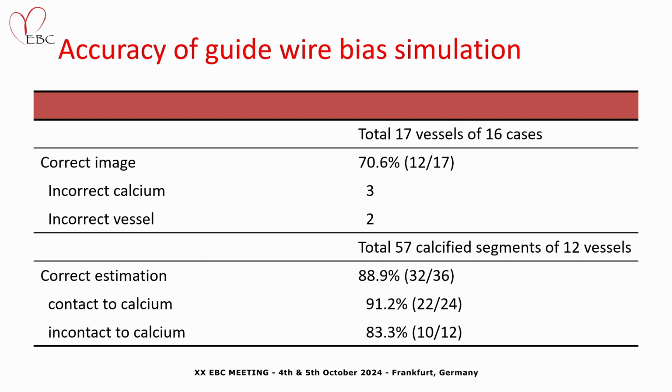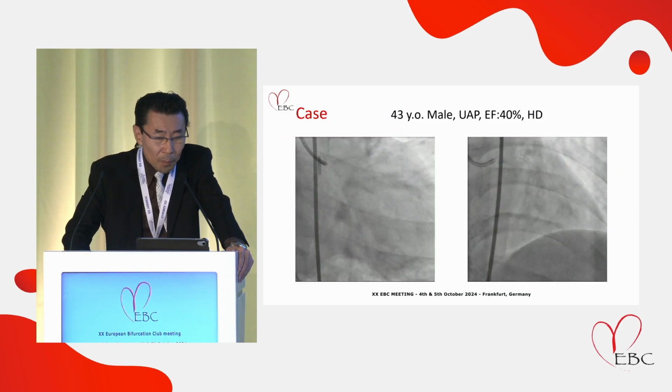Then 57 calcified segments of 12 vessels were evaluated for the correct estimation rate. This number is maybe good: correct guide wire bias estimation was observed in 89%. I think this score is acceptable.